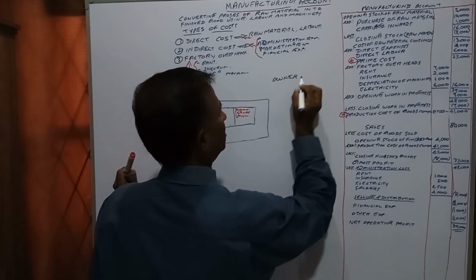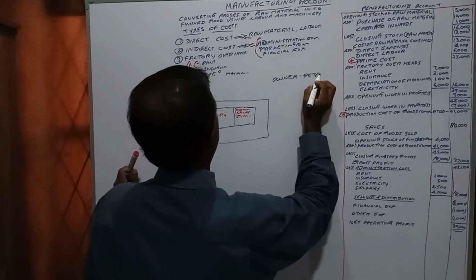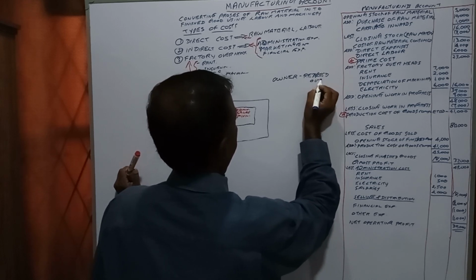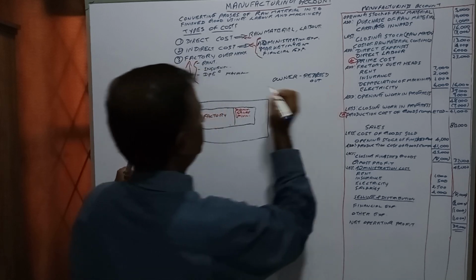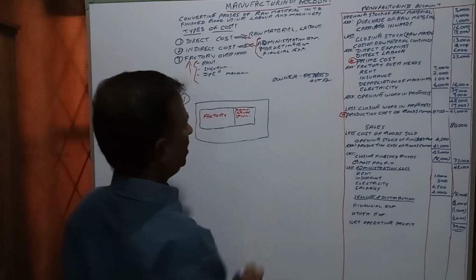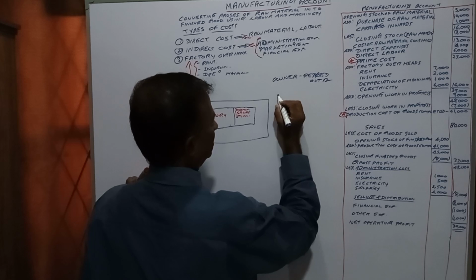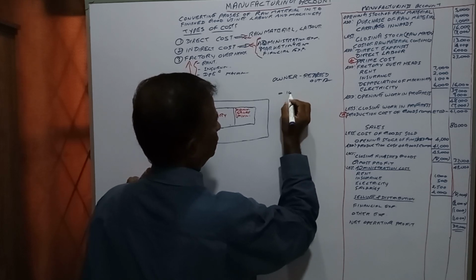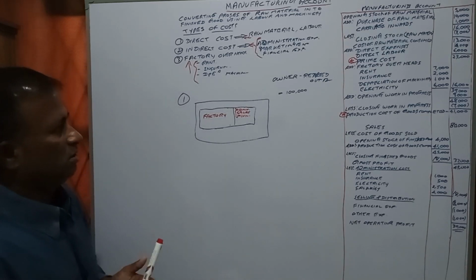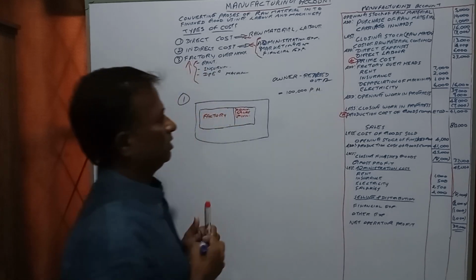say he has rented out this building, right? So the rent for the building is charged at 100,000 per month, right?